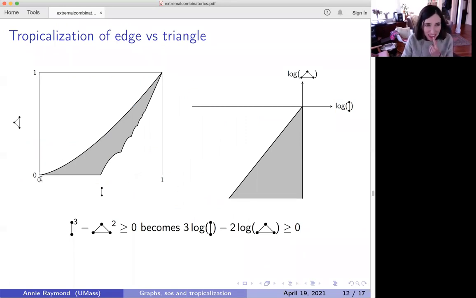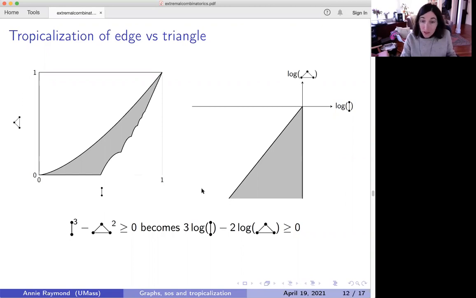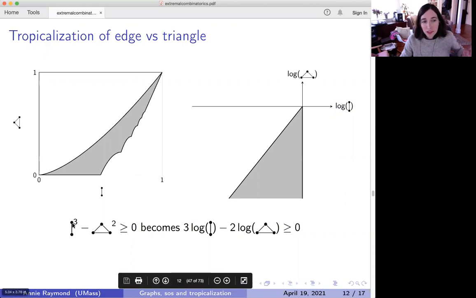Then we can revisit your question, Jan. So for example, this was the example that we started with, right? I am between 0 and 1 everywhere because I'm looking at densities. And so by doing this, I do know that I'm going to be in the negative orthant. For example, this curve that we had before was a binomial: the edge density cubed minus the triangle density squared was greater or equal to 0.